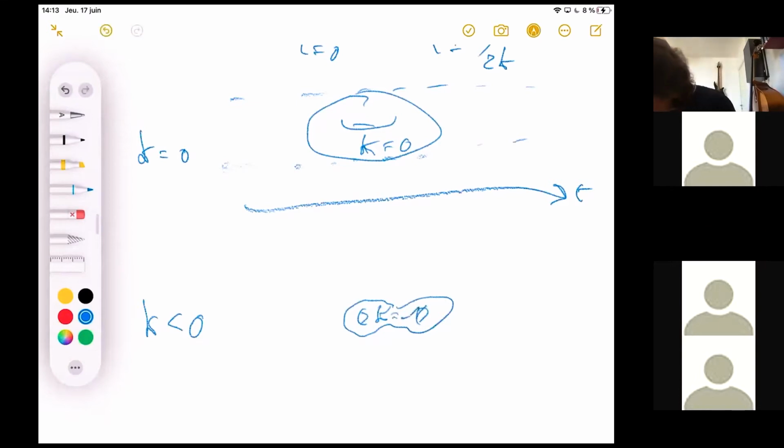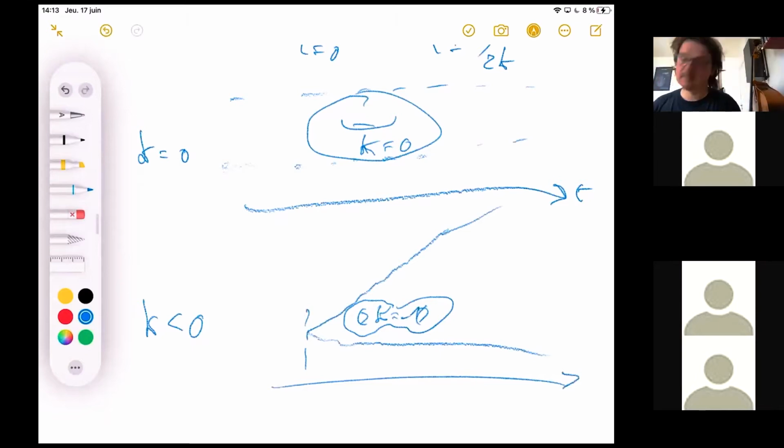And then it's homothetically expanding. Okay. And so t equals 0 does something, and it can be extended in the past up till minus 1 over 2k, since k is negative.